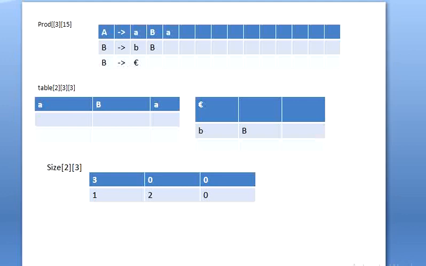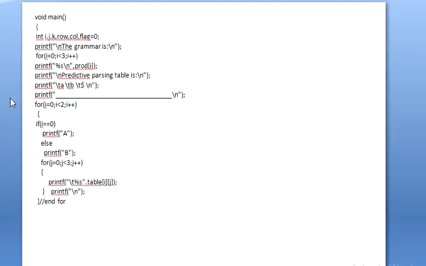I am printing all those things. First production 0 it will print, next production 1. Hope everyone knows how the for loop works: i equal to 0, i less than 3, so production 0, next i increments, so production 1, next production 2. So it will print all those 3 statements.